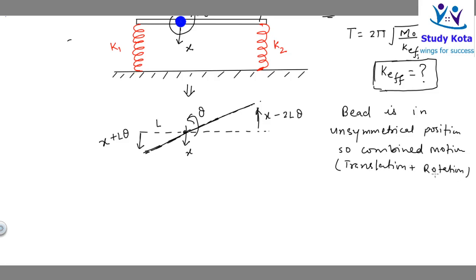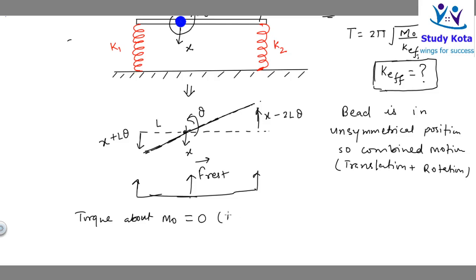When you displace it, the restoring force acts like this, suppose F restore. Also, the torque about m naught will be 0, because of the massless rod.